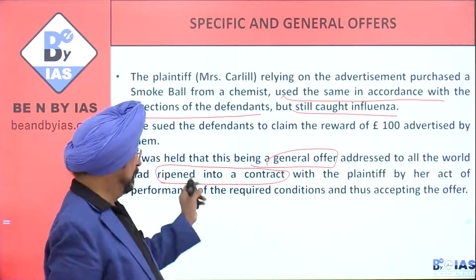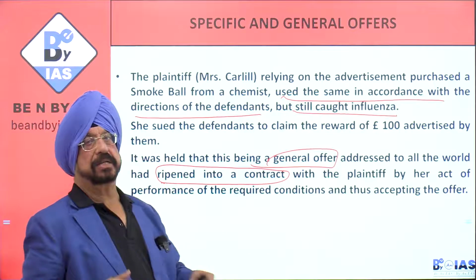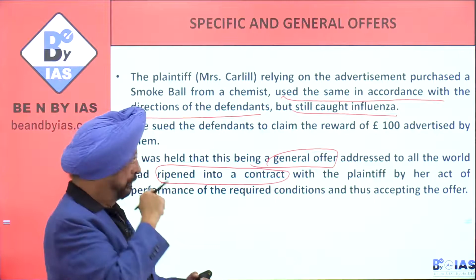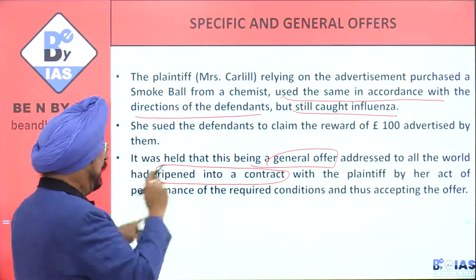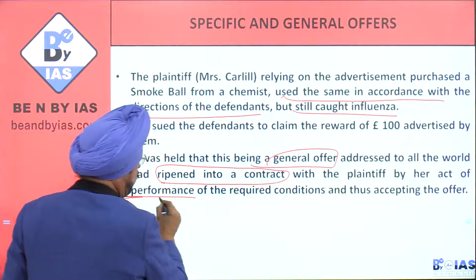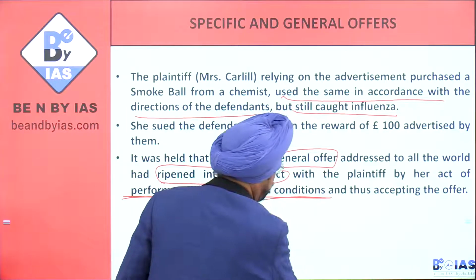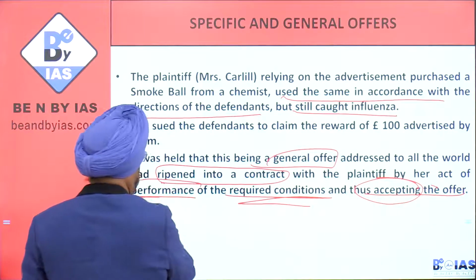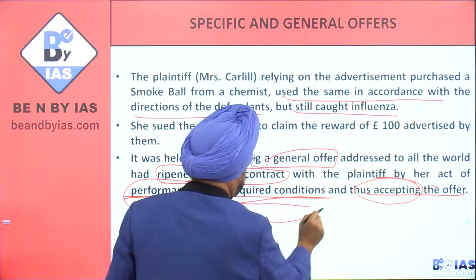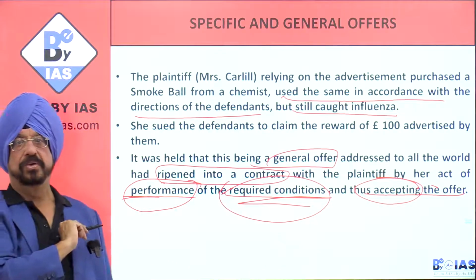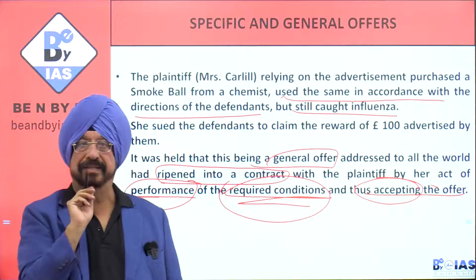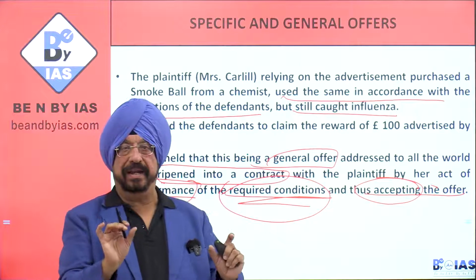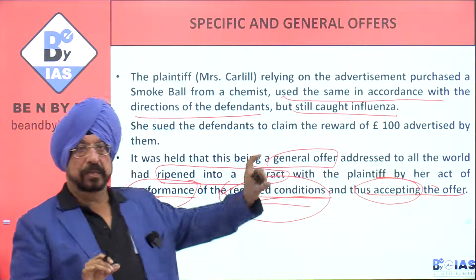And here, when we say ripened into a contract, it means the legal relationship is established with the plaintiff by her act of performance of the required condition and accepting the offer. So, acceptance by way of performance of the required conditions. This is how you must analyze such cases so that each and every ingredient of the law is fulfilled.